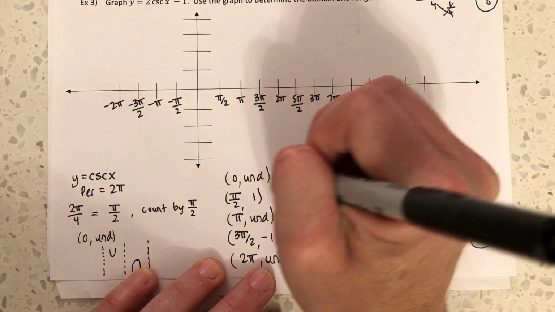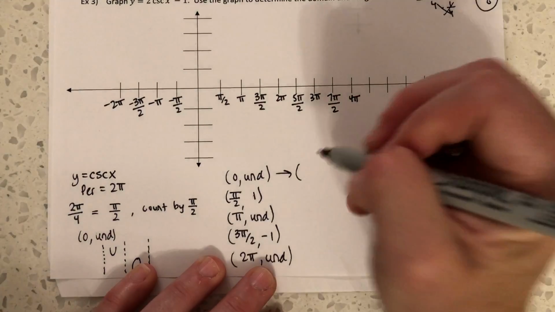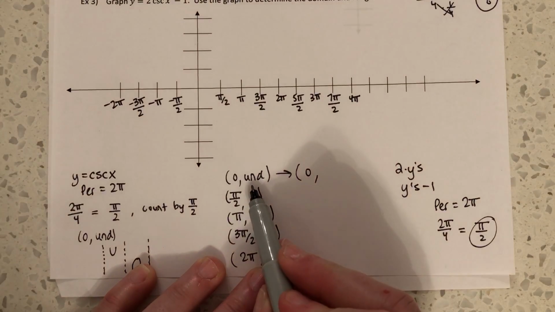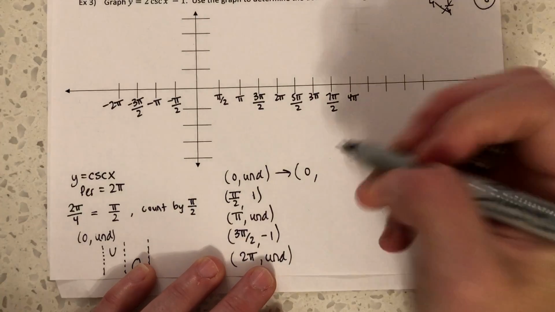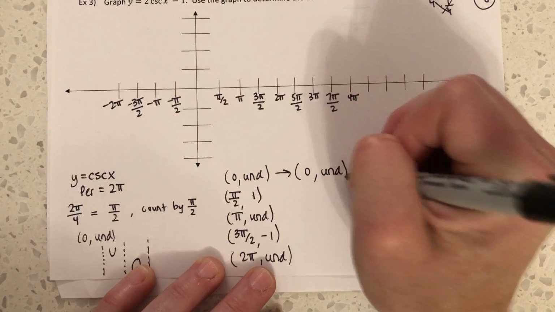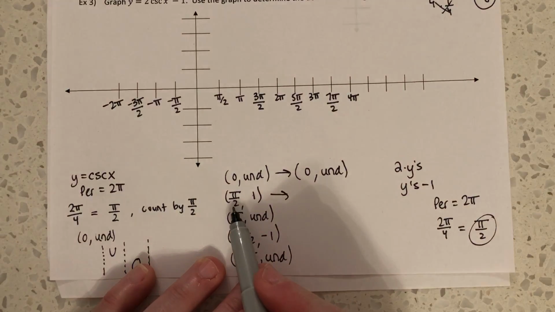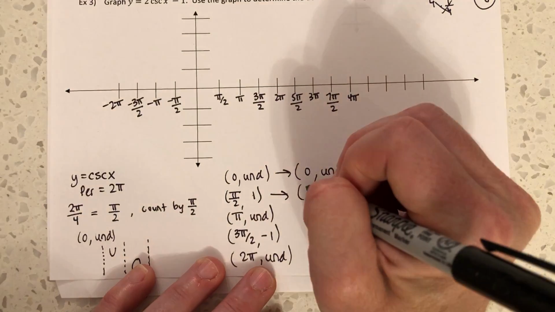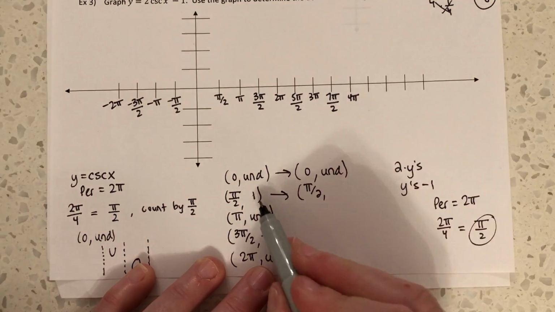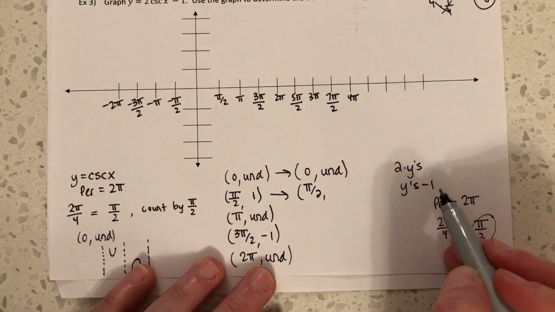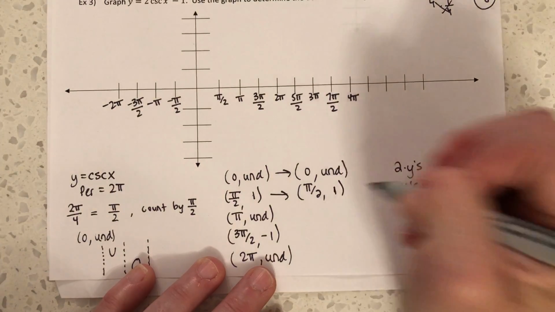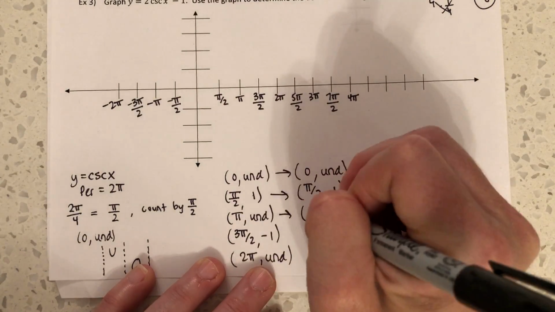Let's make our transformations. Nothing is happening to x, so it stays 0. Take your undefined y, times it by 2 minus 1, but it's still undefined. Take pi over 2, leave it alone because nothing happened to the x's. Take 1, times it by 2, which is 2, and minus 1, and it's still 1. Leave your x alone.